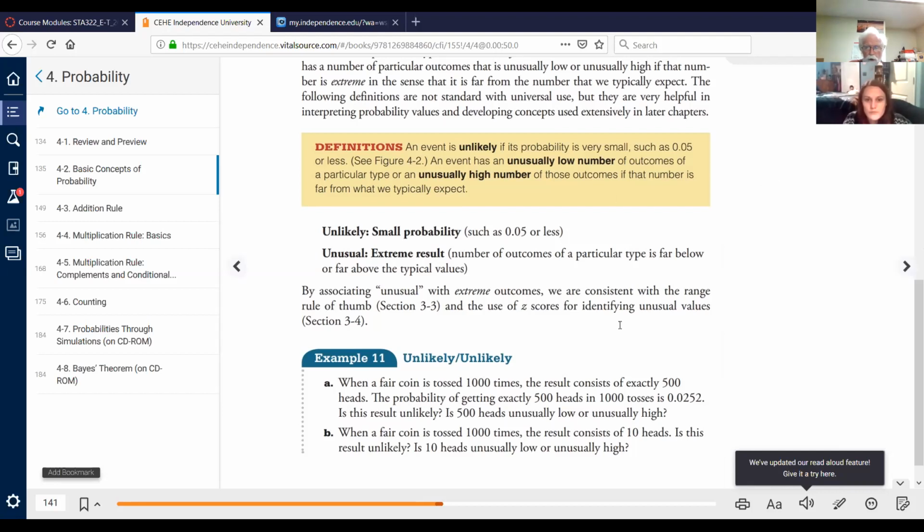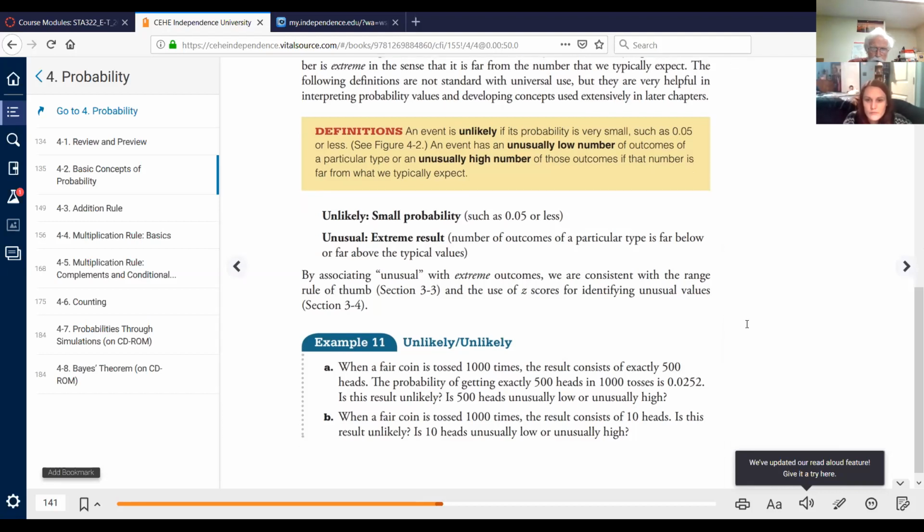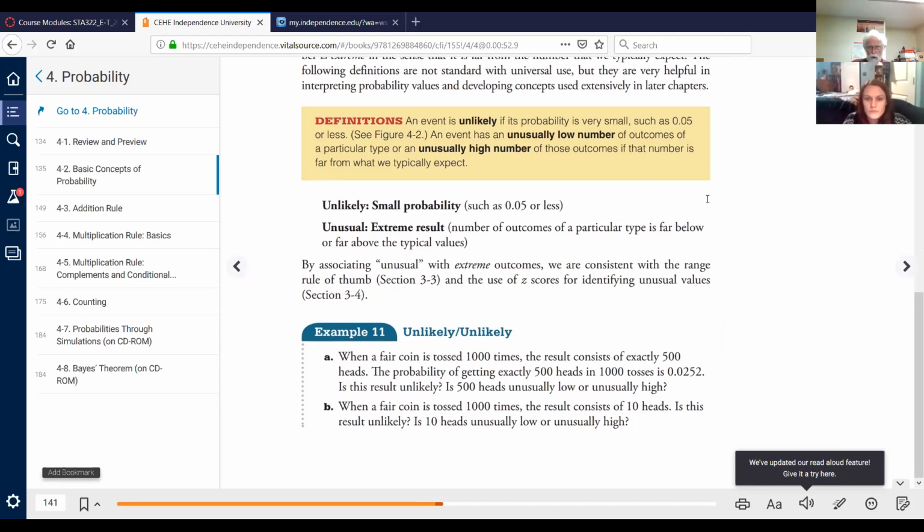But if we find that these extreme numbers are there, we can actually look at z-scores. Remember z-scores from the normal distribution? If you were calculating a z-score, you would take all your data, calculate a mean, calculate a standard deviation, and then look at a data point to see how many standard deviations it was away from the mean.